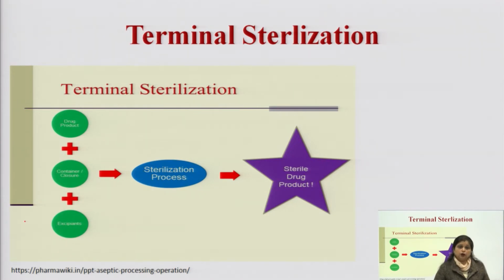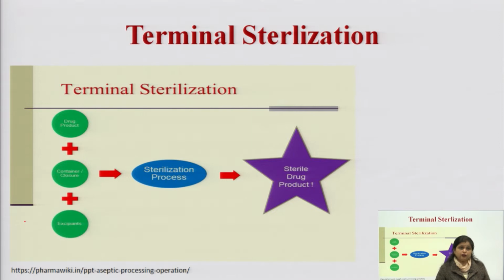But parenterals have to be sterilized, as they go directly into the systemic circulation. We are injecting those chemicals into the blood. So, we can't take a risk in that case, we have to use only sterilized parenteral pharmaceutical products.